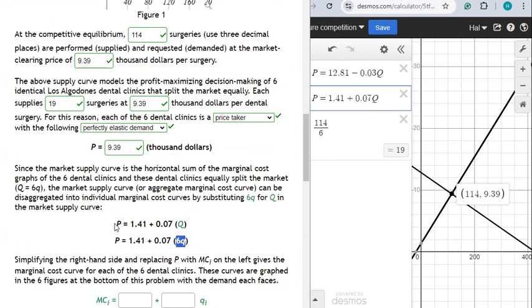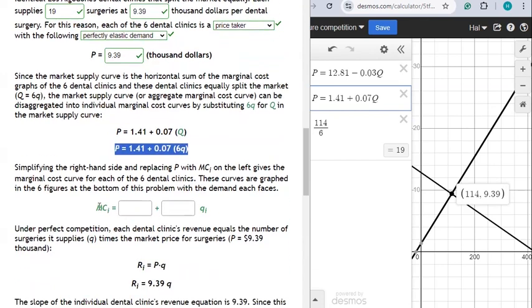Now, remember, the supply curve is the horizontal sum of marginal cost curves. So we could think of this as MC right here, right? That's MC. As soon as I put in this little q times 6, this becomes the marginal cost curve of the individual dental clinics. MC_i stands for the marginal cost equation of the i-th dental clinic.